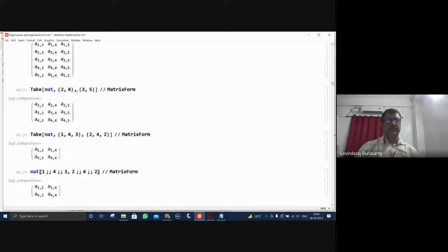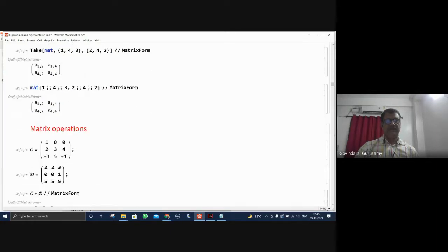This is another way to handle it. 2, 3 and 3, 5. So you can have the sub part of it. Okay, by 2, 4 and 3, 5, this is what happens. Similarly, 1, 4, 3 and 2, 4, again, part of it. This 3 by 3 I have taken, and 2 by 2 can be taken. And also 2 by 2 orders can also be modified by having these semicolons.